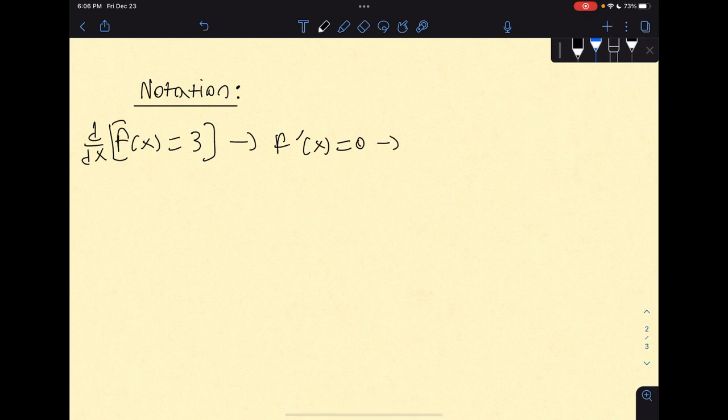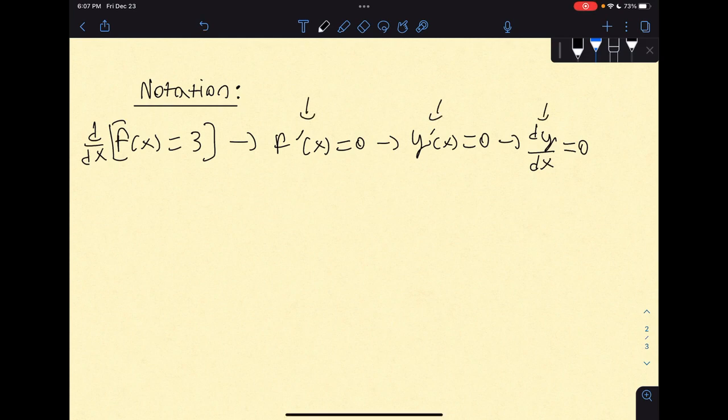This means the same thing as y prime of x equals 0, and it also means the same thing as dy over dx equals 0. These all represent that we've taken the first derivative of the function. They all mean the same thing, so don't get confused by them. You can write it however way you like. I prefer to write it like this, f prime of x, when I'm doing examples and when I'm teaching it, but you guys can do whatever you want.